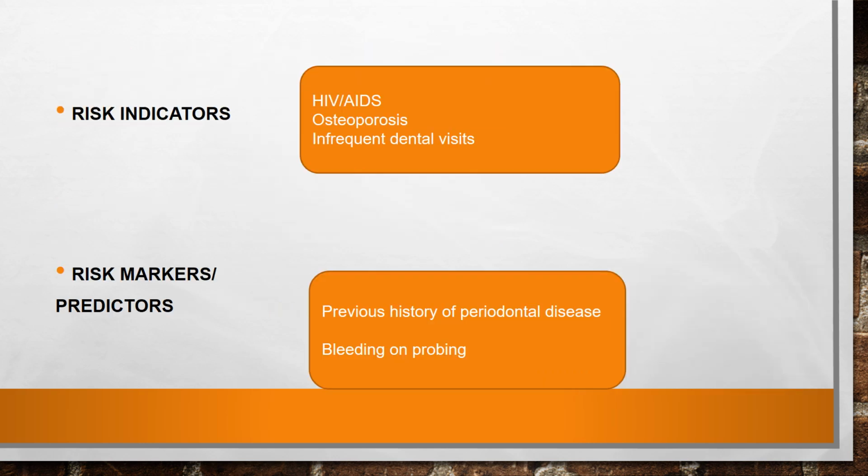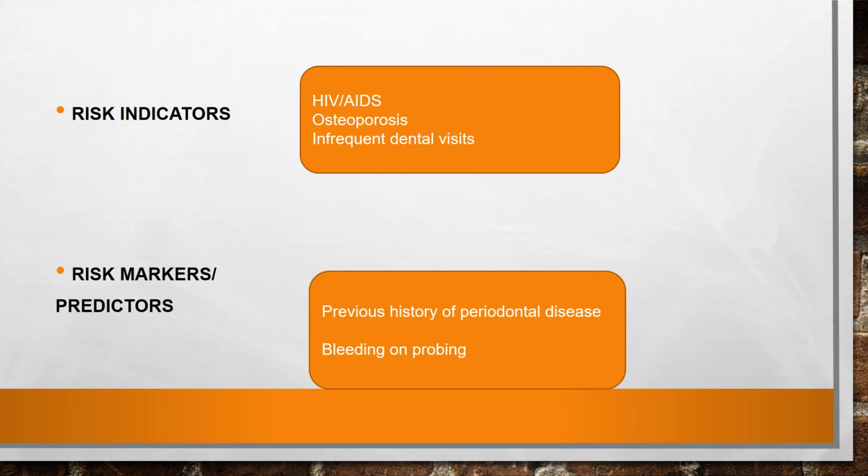Coming to risk indicators, these are risk factors that have been identified only through cross-sectional studies. That is, they are associated with the disease. For example, HIV or AIDS, osteoporosis, infrequent dental visits. So these are risk indicators. Then the risk markers or predictors. These are factors which predict the presence of disease.